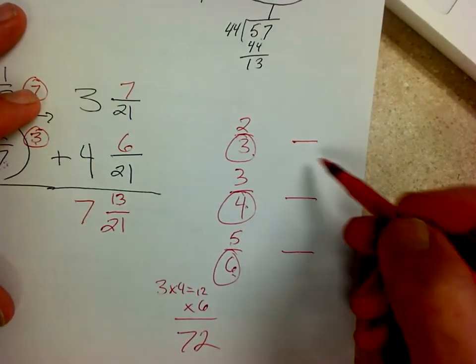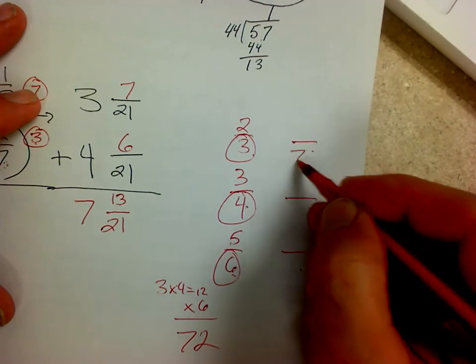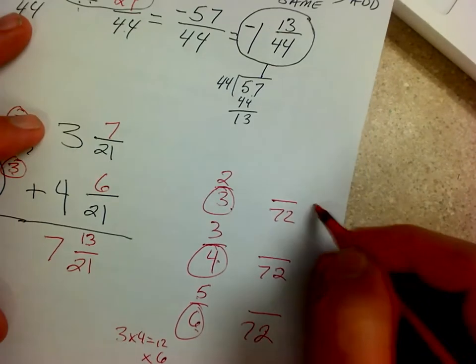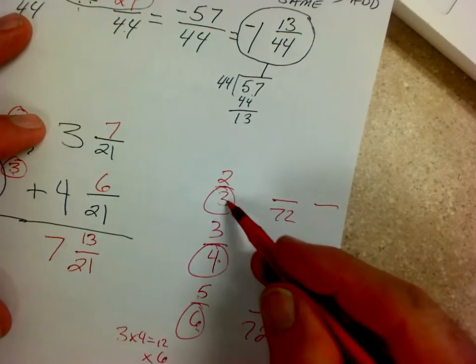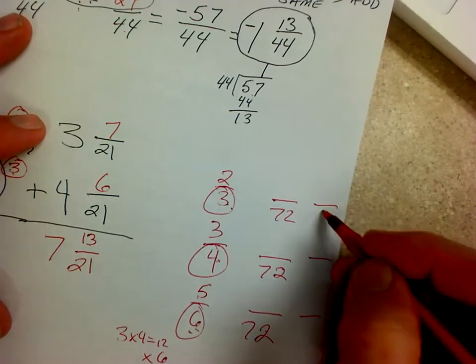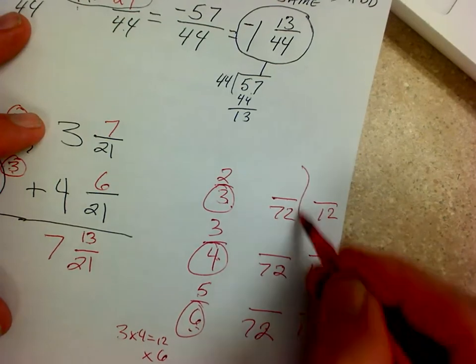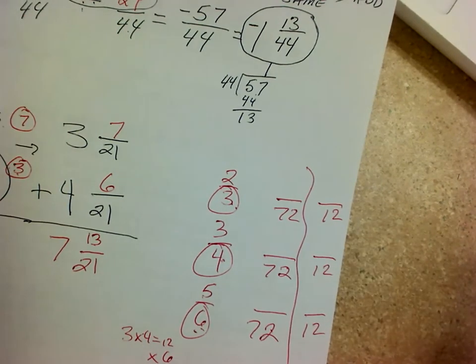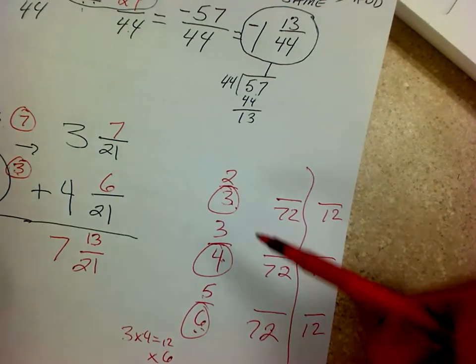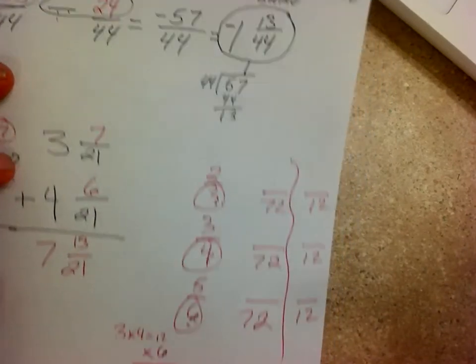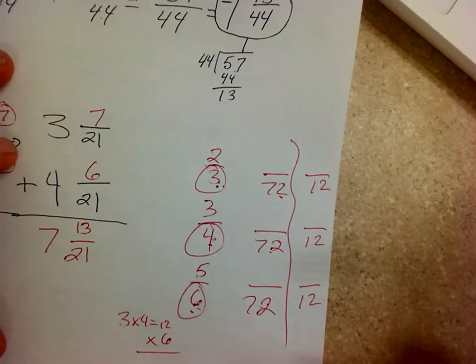So we could use 72 as our common denominator here. The other thing you could realize is there's a smaller number that they all have in common, and they all have the number 12 in common. Which one you use, I don't really care, but just be careful if you have more than two fractions to work with and you're doing the multiply trick. You could end up with some very large numbers here.